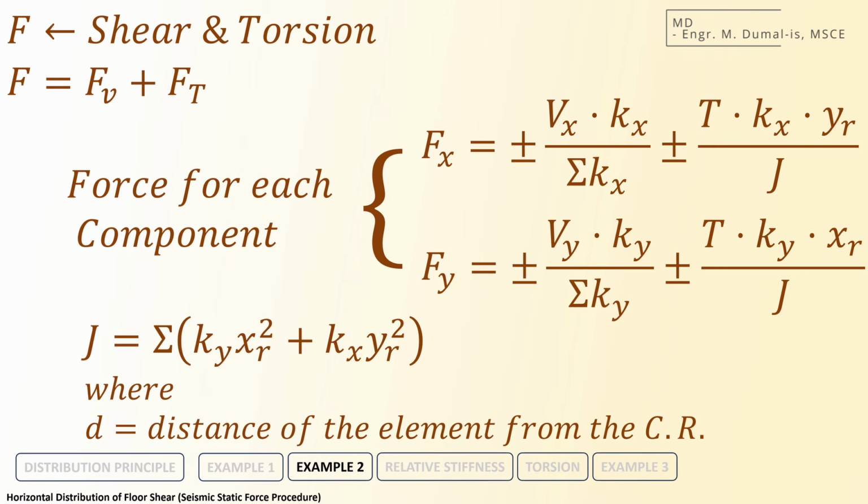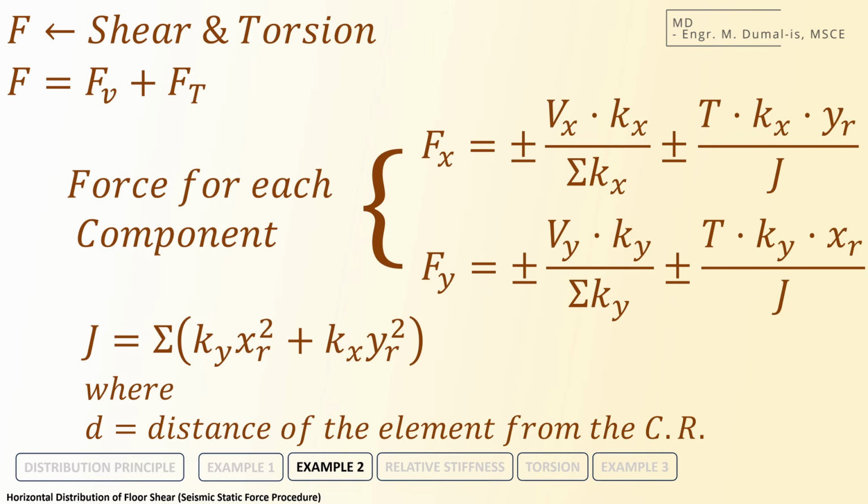Now, notice the plus or minus sign in the formula. That's critical. Torsion can amplify or reduce the direct shear force on an element, depending on its position relative to the center. If it's on the side where the twist pushes, forces add up. If it's on the opposite side, they cancel out. This is just like eccentrically loaded bolted connections in steel design, where bolts take both shear and prying forces.